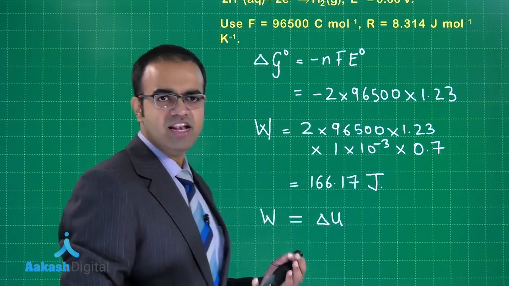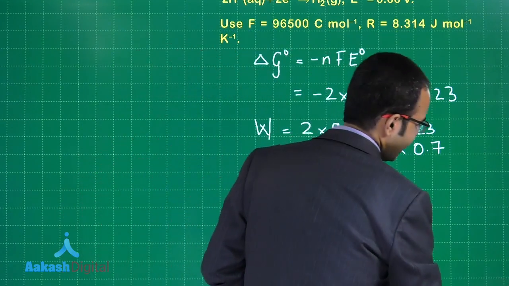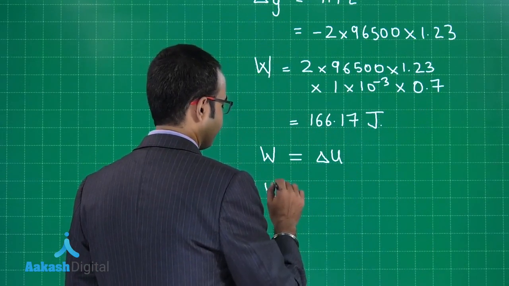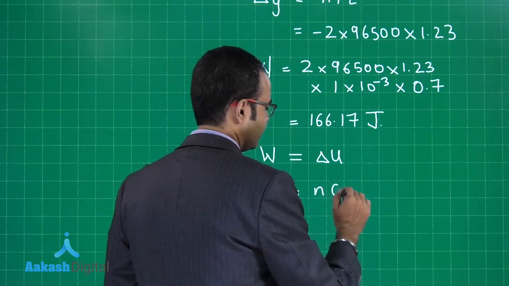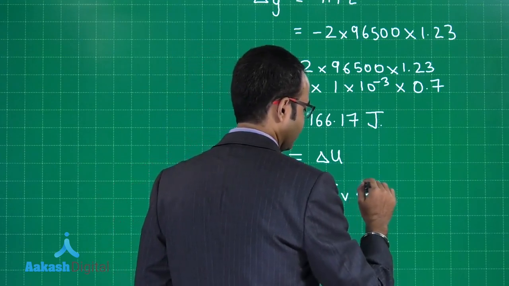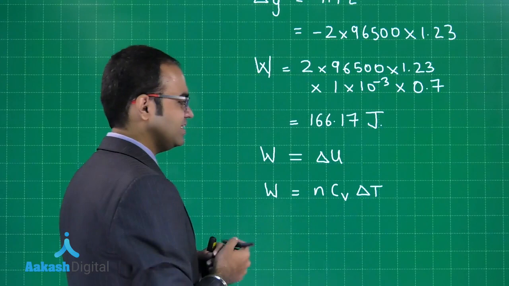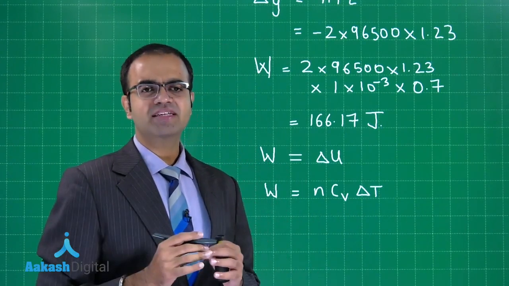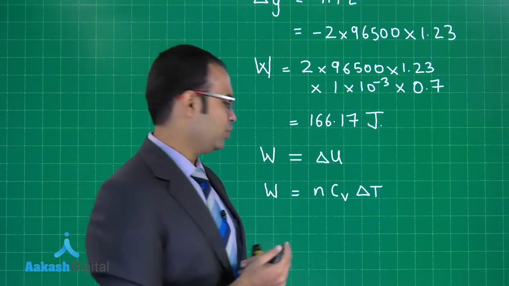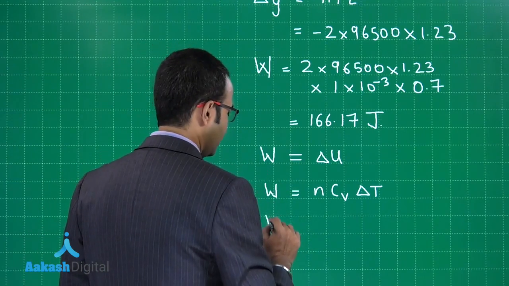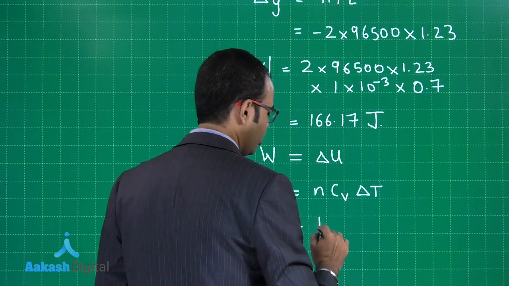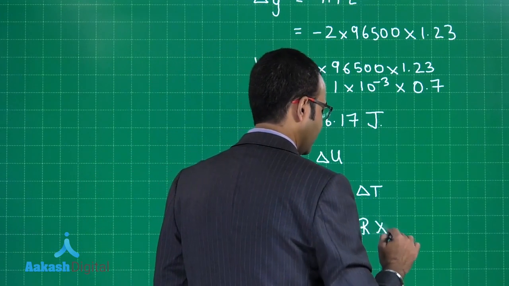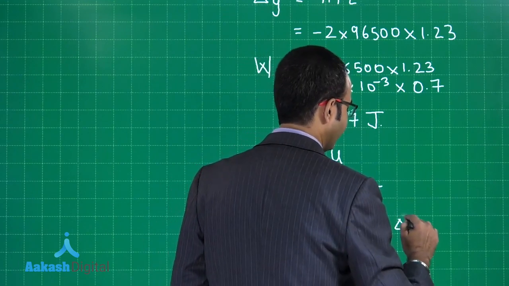How do I calculate del U, guys? Del U can be calculated as nCV del T. Yes. For a monoatomic gas, what is CV? For a monoatomic gas, it is 3/2 R. So W is equal to, for 1 mole, it is given in the question, 3/2 R into del T. Del T is what we have to calculate.